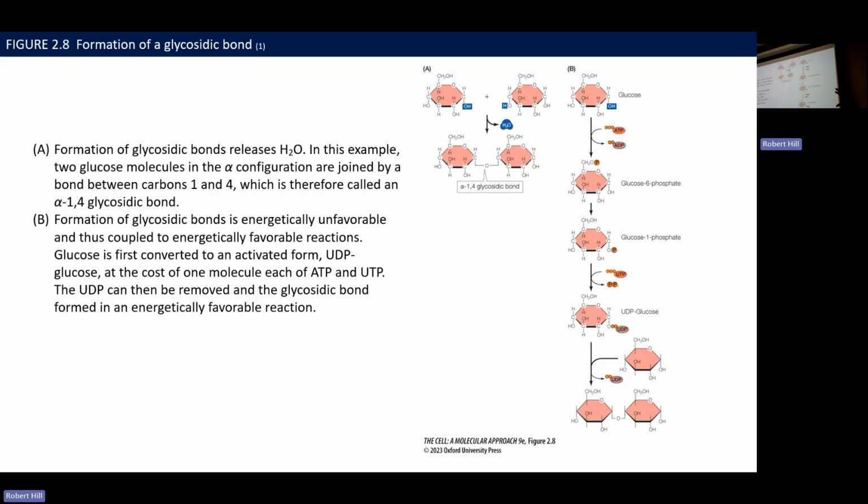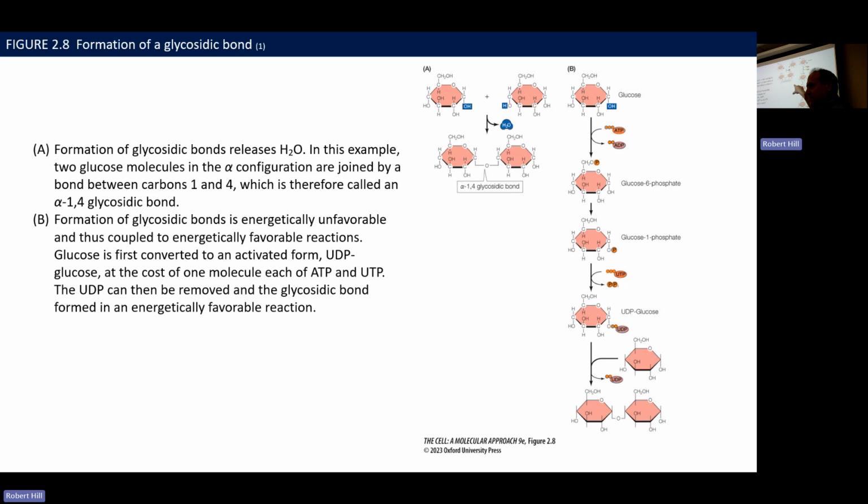All right, but the formation of this glycosidic bond, I know this is kind of a small figure here, so figure A is just showing you the bond. There's the alpha 1,4 glycosidic bond. And then B here is showing you the pathway that takes place in order to create that bond. But remember, formation of that bond has what?